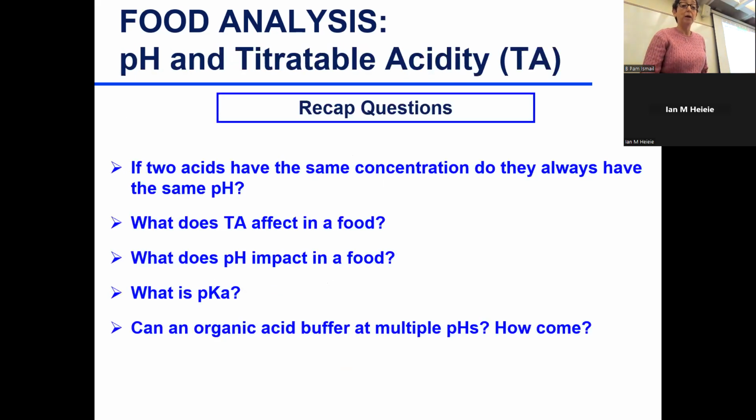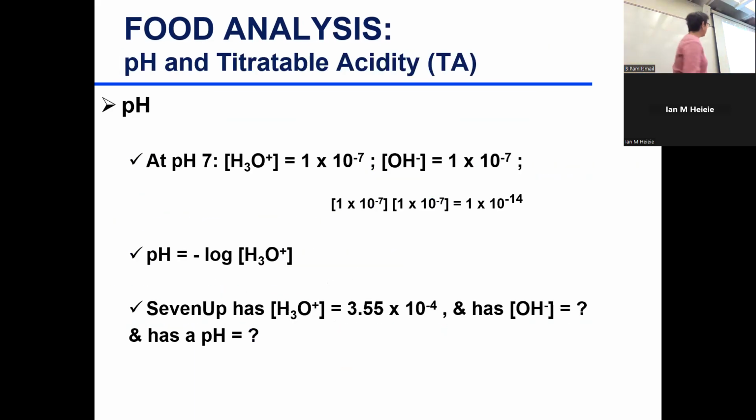How does this help us? It helps us in calculating concentrations at a pH of 7. So at pH 7, the pH is the negative log of the concentration, so it's 10 to the negative 7. That's why it's a negative log. So 1 times 10 to the negative 7 is the concentration of OH minus.